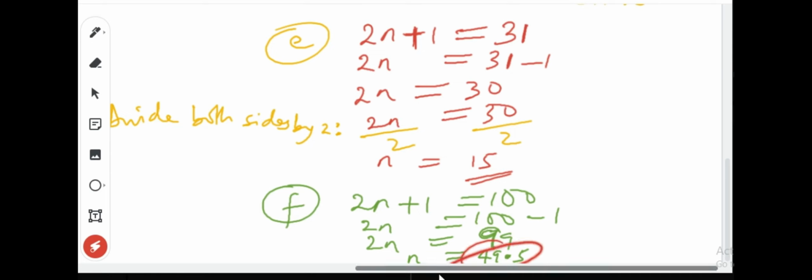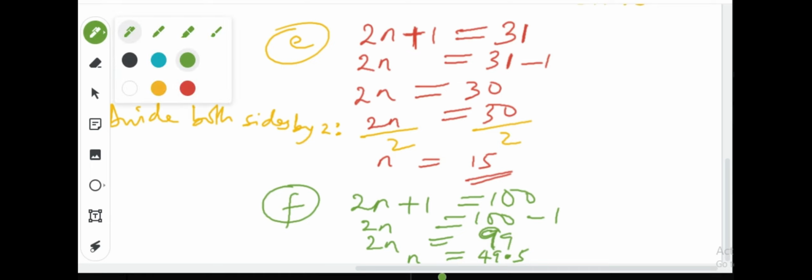Now it's given a point. We can't get a half or a fraction of a stick to complete the pattern. So Theo is wrong, because it doesn't give a whole number value.